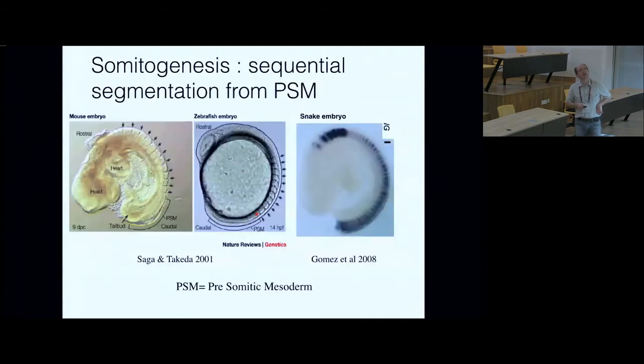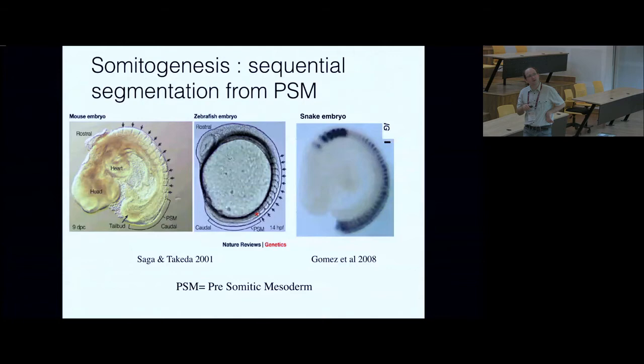So these are just other examples of embryos, and maybe introducing some jargon. You see they're very close to each other when they form segments. This is a mouse embryo. You see the somites that are formed here.